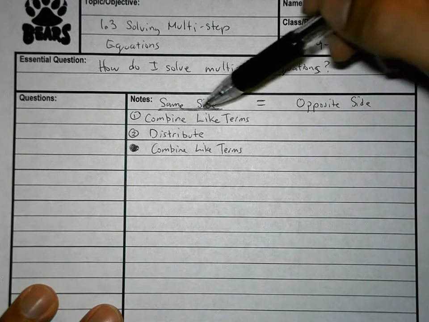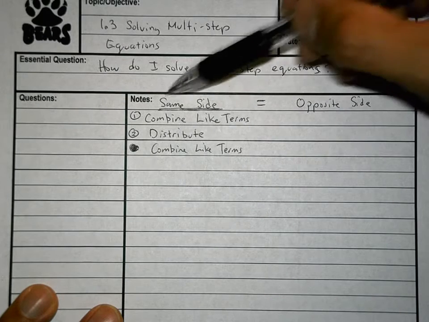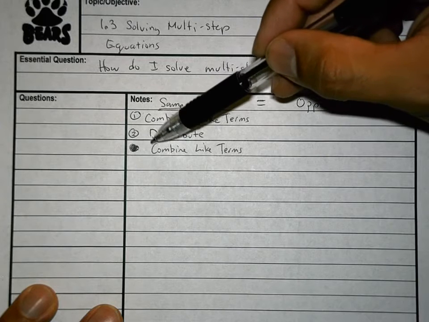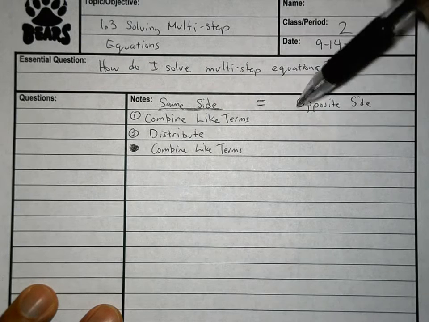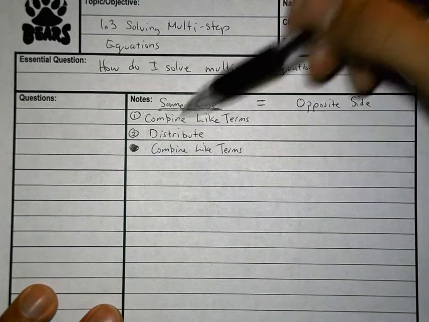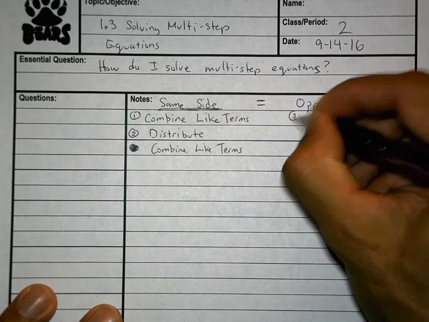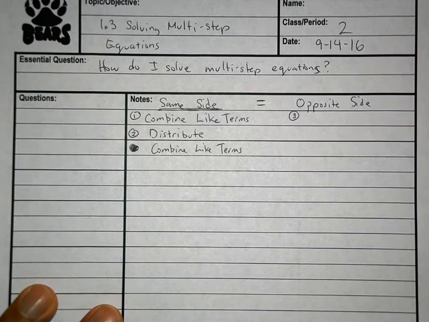And then, if you can't do anything else on the same side, so we've tried this, we've tried this, we've tried this, we might have to go and do something that's on the opposite sides of each other. So we try these things first, and then we're going to go over here and do something if they're on opposite sides. Let's call this number 3.